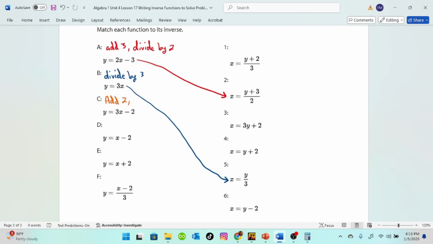Then we have 3 times x, and the opposite of multiplying by 3 is divide by 3. So on the right, we're going to look for y plus 2 divided by 3, and we see that on number 1. So C matches number 1.